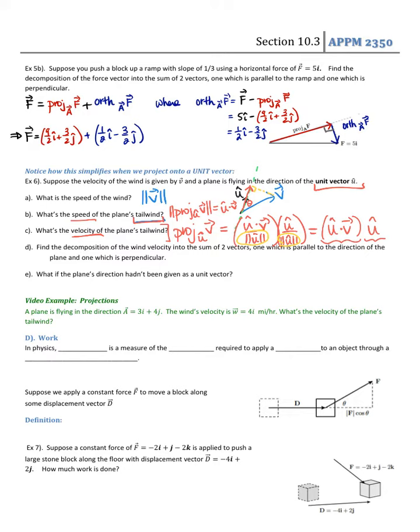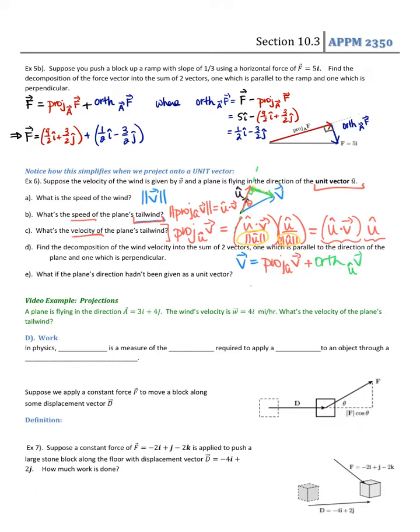Okay, find the decomposition of the wind vector. So now what I'd like to do is find this vector here, which is, when you notice if I take the red and the green and add them together, I'll get back to the blue vector. So the blue vector is equal to this projection vector, projection onto u of v, plus what we call the orthogonal projection of v onto u.